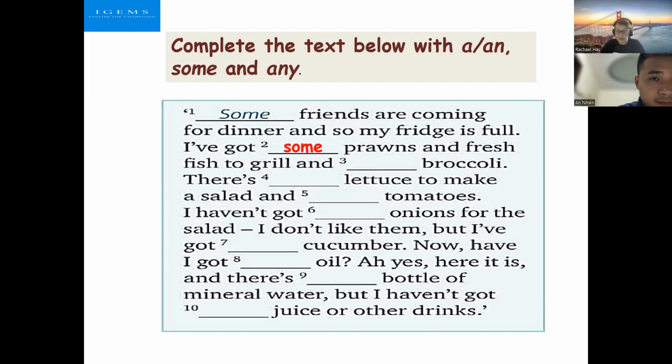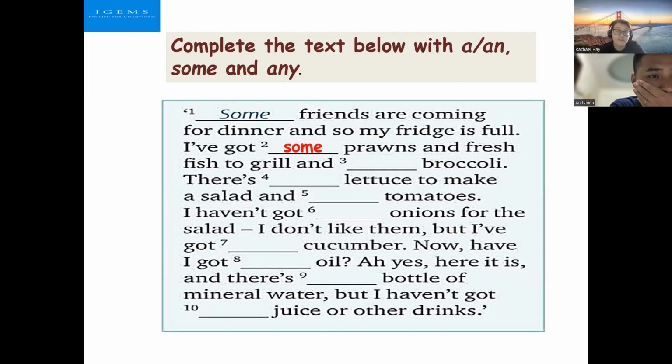Okay, because remember, some is yes, I have got. Any is used for a question or a negative. So if we said, I don't have prawns, then we'll say, I don't have any prawns.